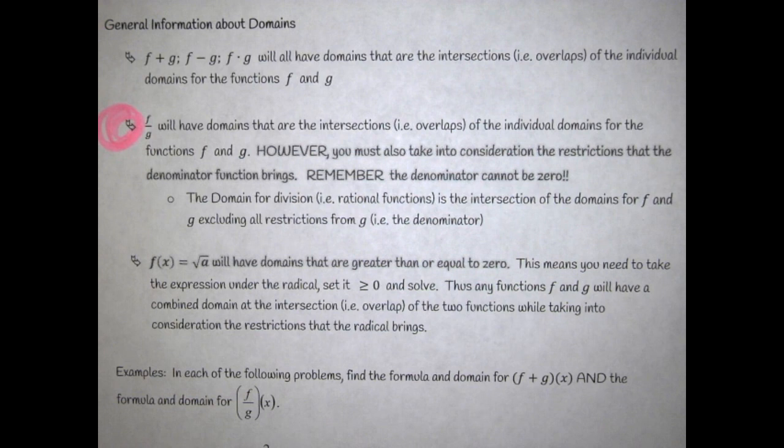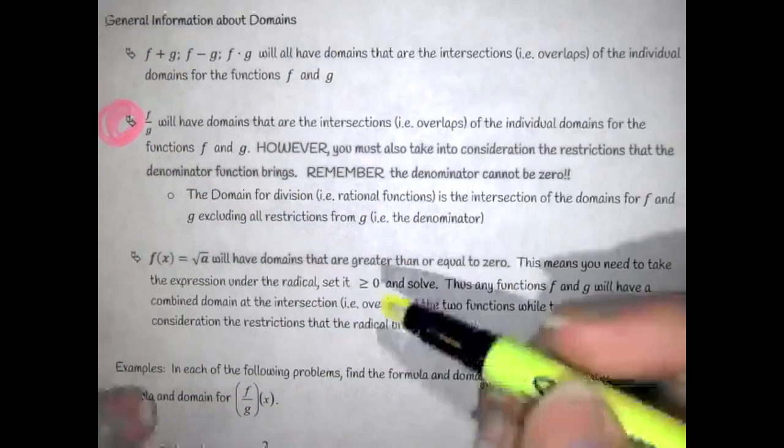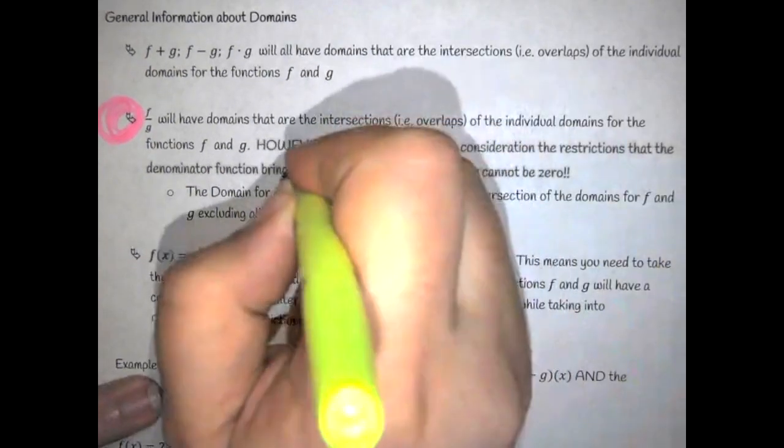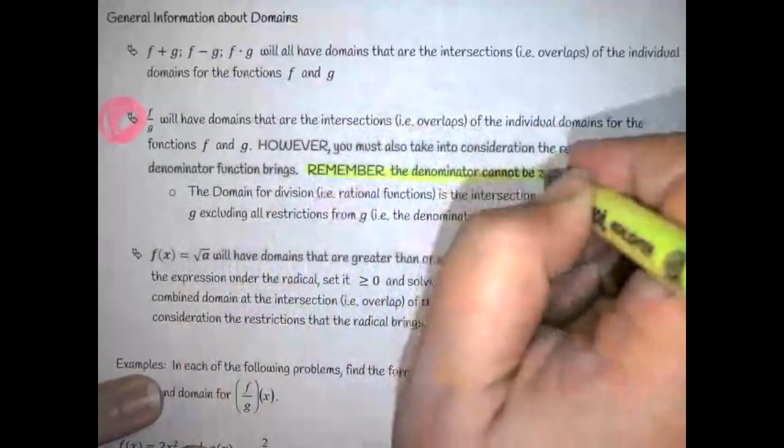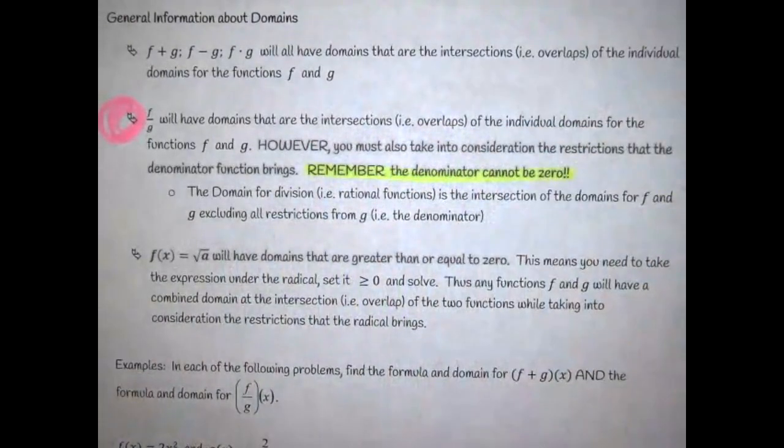The reason for that is that a fraction has a very specific idea, which essentially says that you cannot have 0 in your denominator. Because of that, this one has a restriction. Whether it's f divided by g or g divided by f, you are restricted by the denominator cannot be 0.